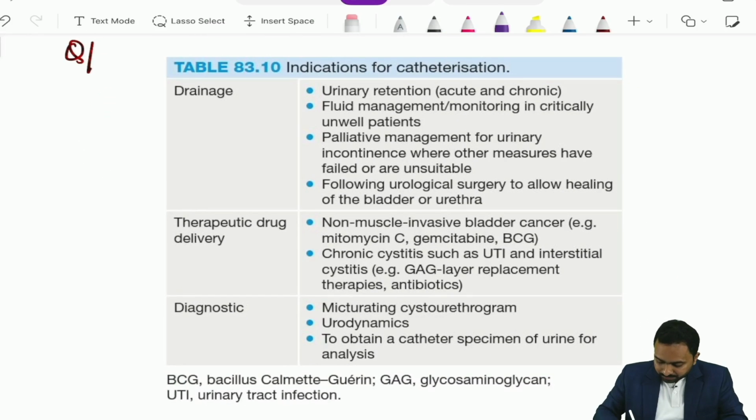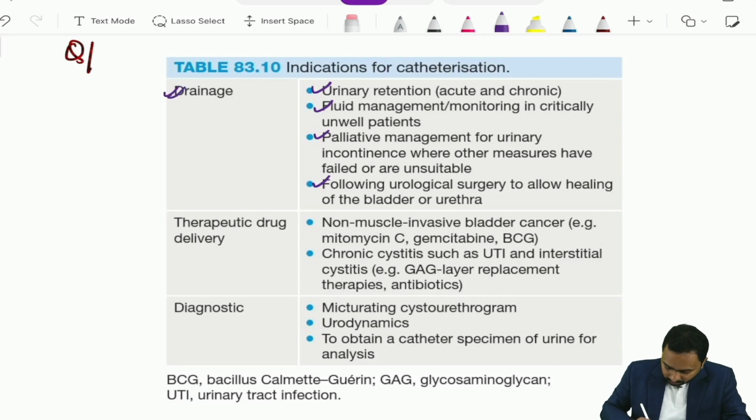It includes drainage, that is urinary retention, fluid management or monitoring in a critically unwell patient, and palliative management for urinary incontinence where other measures have failed or are unsuitable. Then, following urological surgery to allow healing of the bladder or urethra.